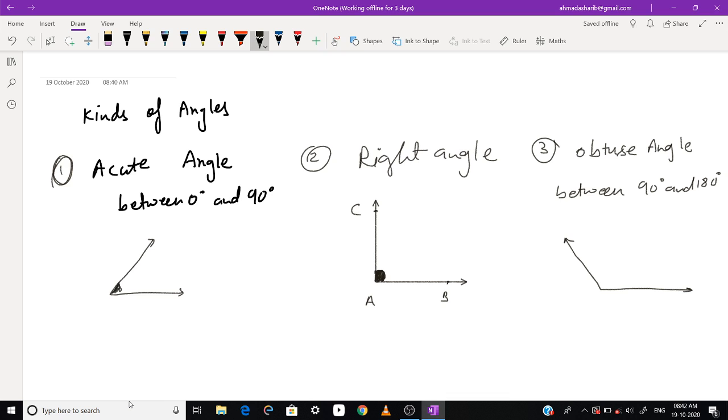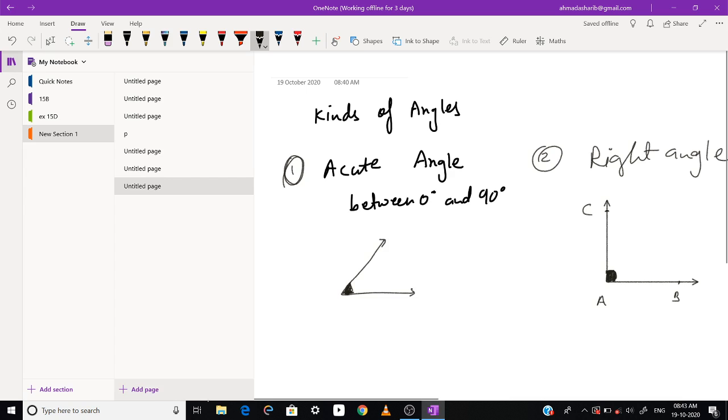This is an acute angle, this is a right angle, and this is an obtuse angle. So these are the 3 types of angles based on the degree of the angle. Now next, there are three more angles.